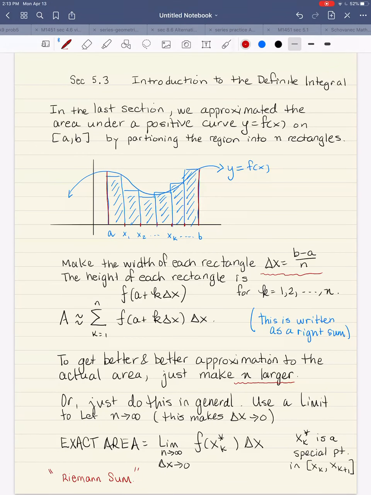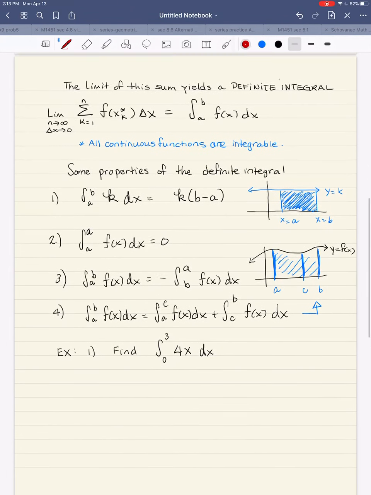Since the width of each rectangle is getting really small, it doesn't matter if we use a left sum or a right sum. So I'm just going to denote that we have some sort of special xk star, giving us the location of the height. f of xk star is the height of the rectangle, and delta x is the width. And then when you take the limit, as n goes to infinity, delta x is going to go to 0, and this becomes the exact area under the curve.